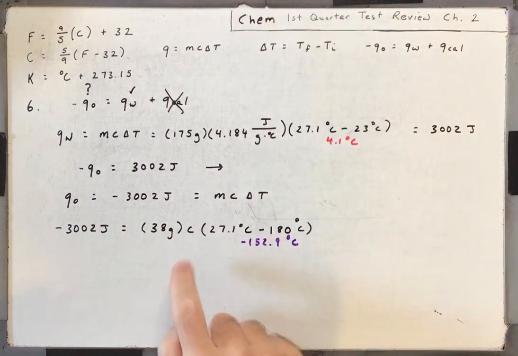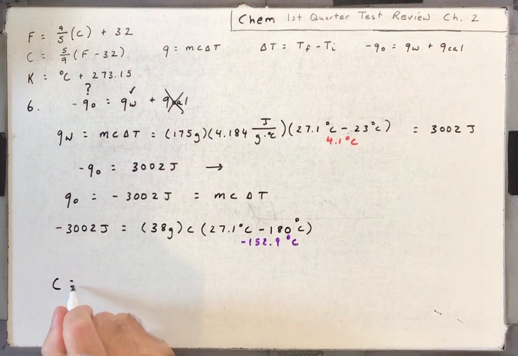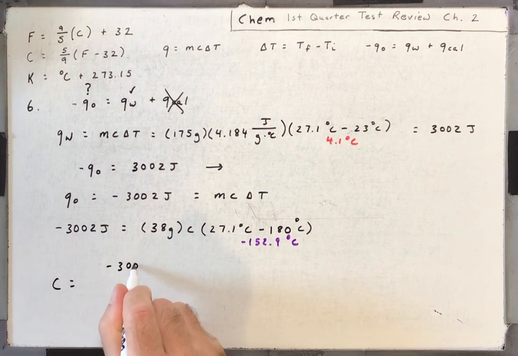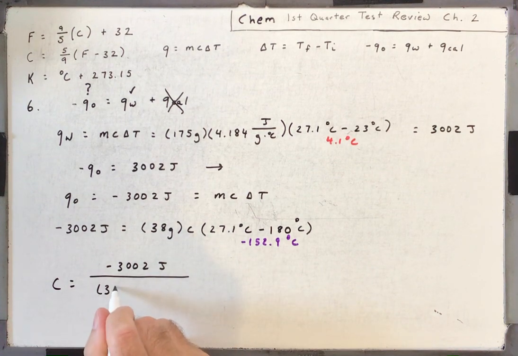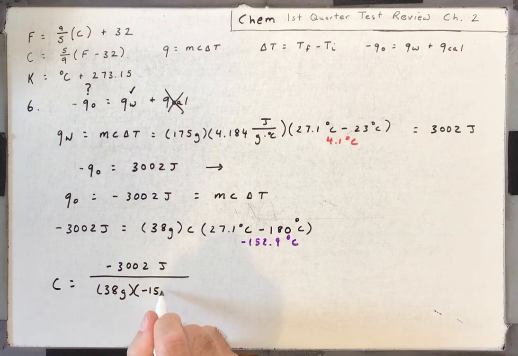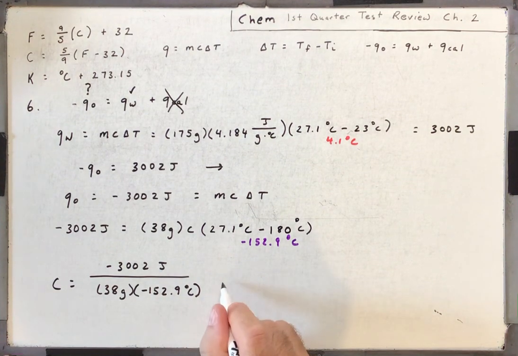Okay, so solving for C, we're going to bring those two numbers underneath the negative 3,002. So C is equal to negative 3,002 joules divided by 38 grams times negative 152.9 degrees C. And I know I did the algebra right because my unit's going to be joules over grams times degrees Celsius.